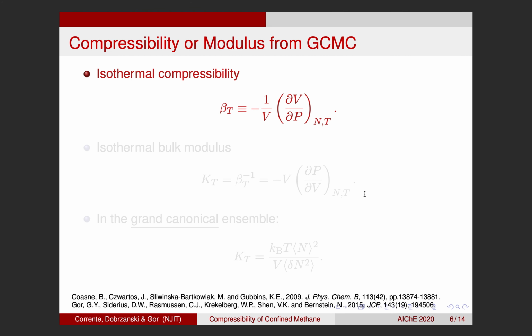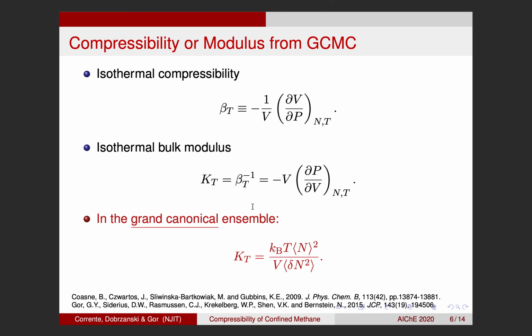All right, I'll start by reminding you of a couple of definitions. Typically in thermodynamics, when we talk about elasticity or compressibility, it's convenient to consider the isothermal compressibility, this derivative, where V is volume, P is pressure, N is the number of particles, and T is temperature, or the reciprocal property, which is more convenient when we consider wave propagation in porous media, the isothermal bulk modulus, which is 1 over compressibility.